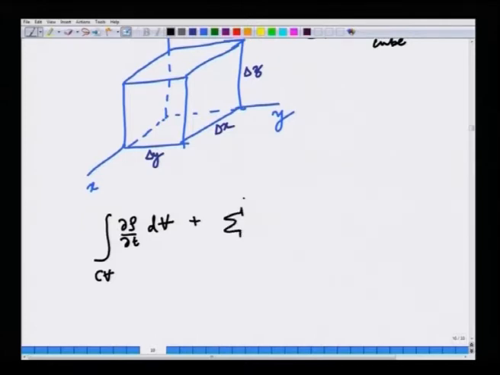Now, another thing we are going to assume is that since the sides of the cube are so small, they are infinitesimal, we assume uniform velocities, because the region through which the fluid is going to flow is so small.